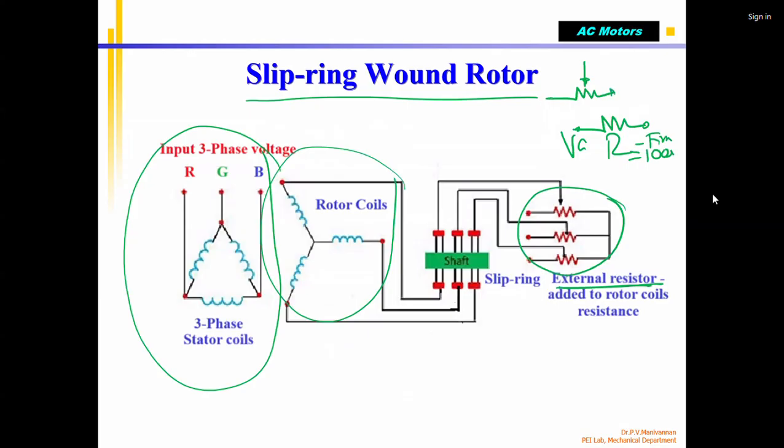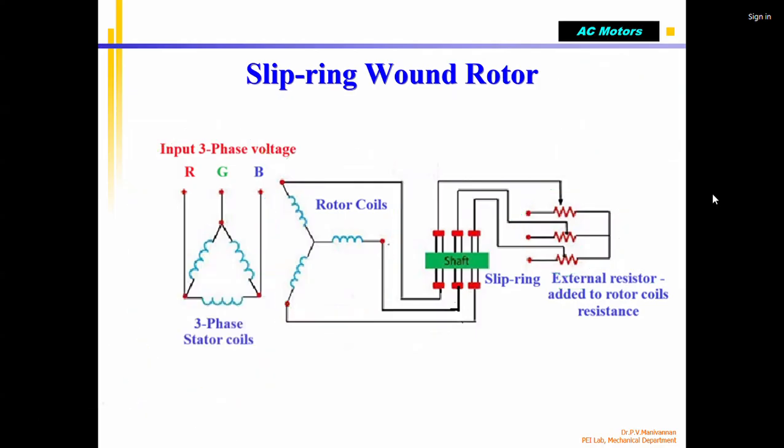If I show it like this, it is called a variable resistance because there are 3 pins, 1, 2, 3. It is also called a rheostat, which you would have used in the physics lab or electrical lab. Three rheostats are connected together, and the rotor coil ends are connected to these three external rheostats.